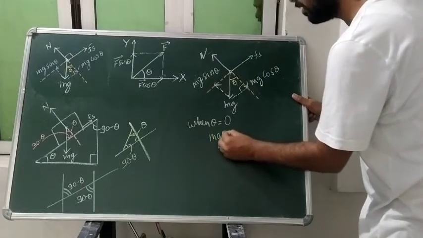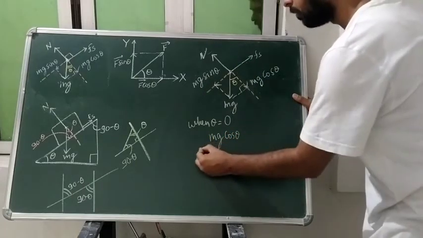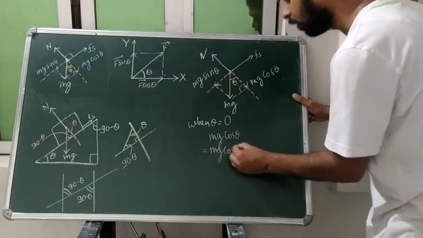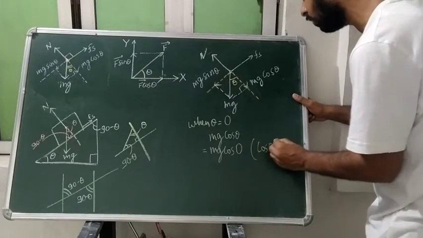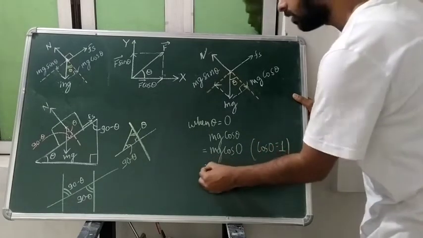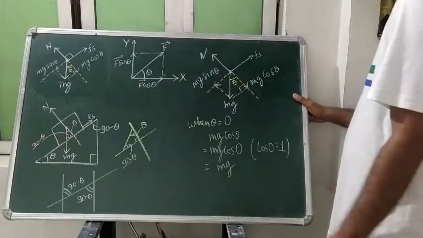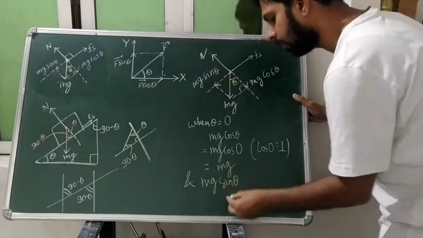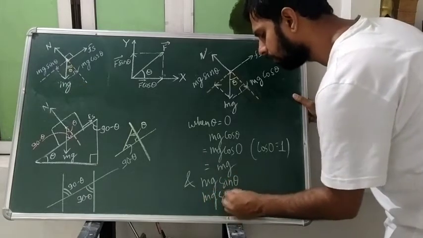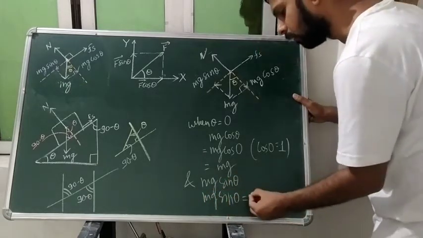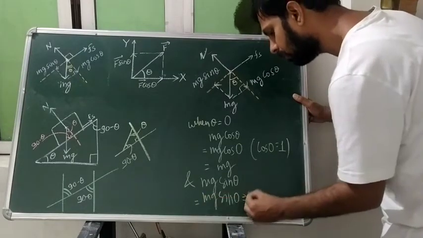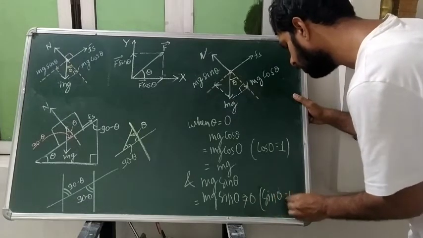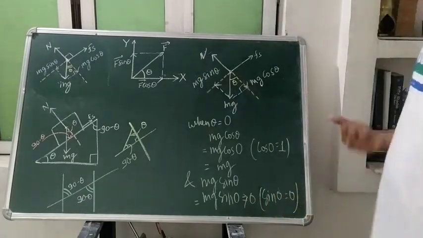Look, students, mg cos theta will become mg cos 0 degrees, and you will be aware that cos 0 is 1 only, so this gives us mg. And mg sin theta becomes mg sin 0, which will be 0, since the value of sin 0 is 0.